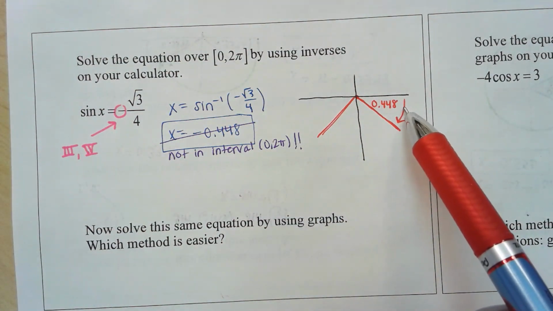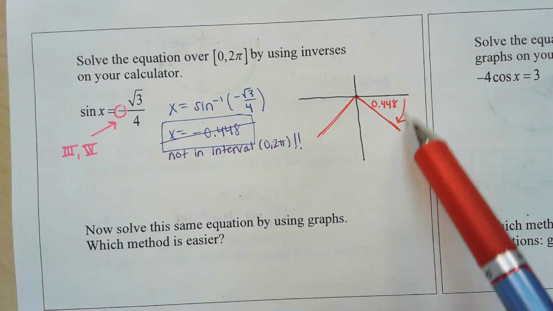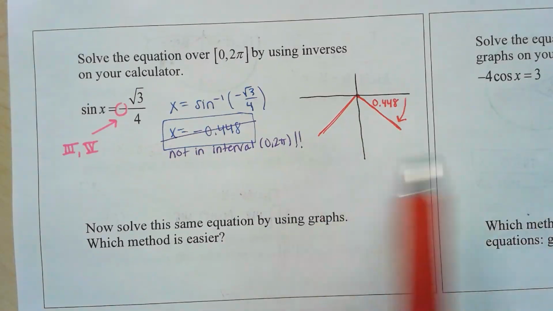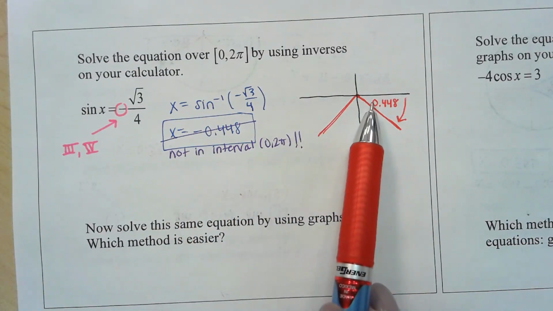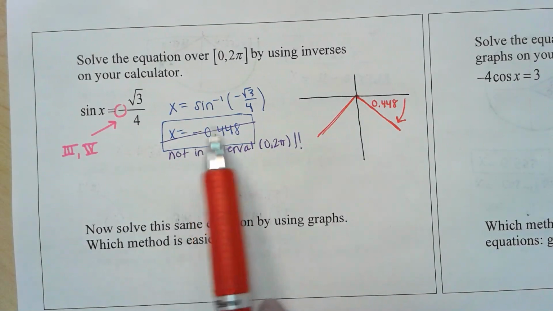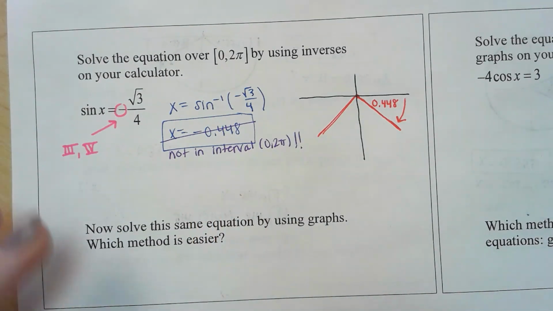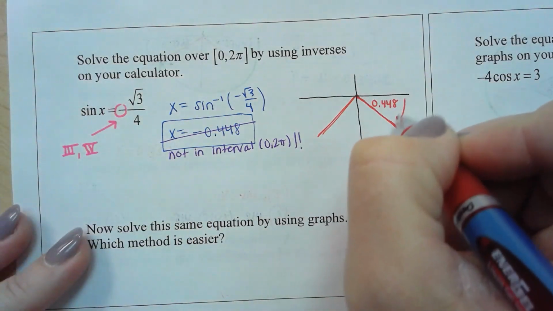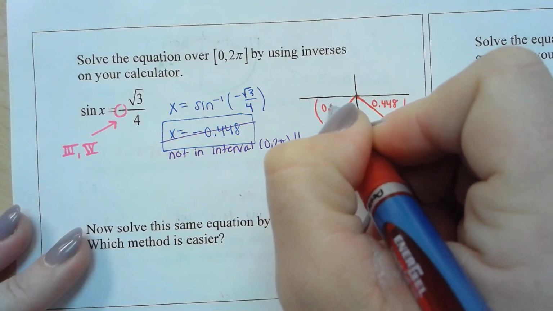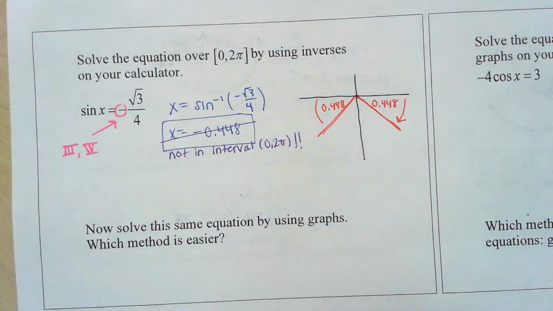So it's not that it gave us an angle in the wrong quadrant, it just gave us a name or a value that's not part of our solution. So let's see. I didn't put the negative in there, but I just drew that arrow that said we dropped down. That's what that negative means. But what that tells us is that this slice of pizza has an angle of 0.448, which means this slice of pizza has an angle of 0.448.